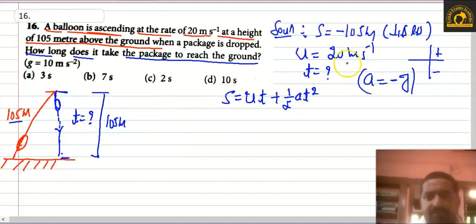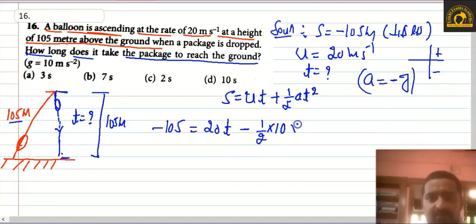So then S is equal to how much? Minus 105 is equal to u, 20t, minus half g, g is 10, into t square. Now you have to simplify.